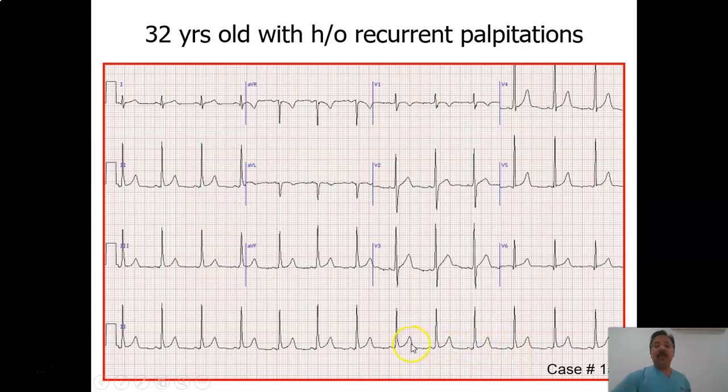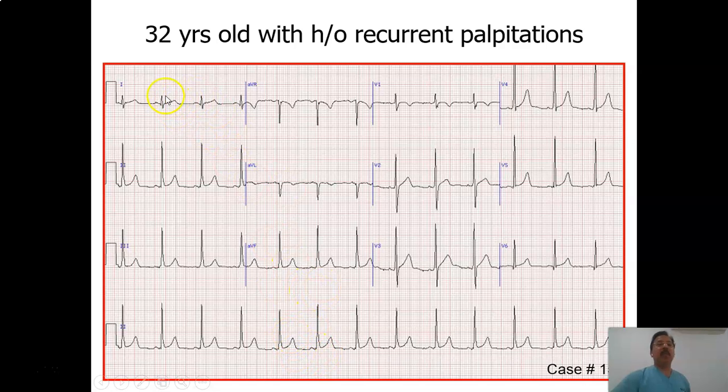But as we are scanning, there is a little doubt here that the PR interval is probably short. That might be some sort of pre-excitation mechanism here. Anyhow, let's go through the next steps.